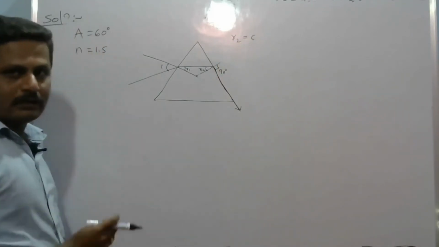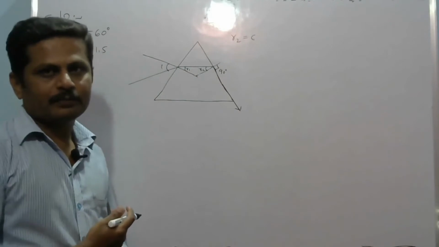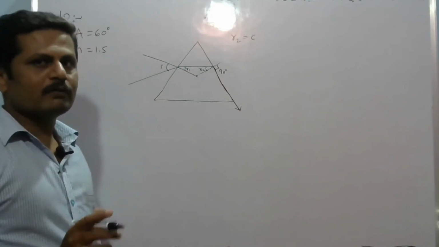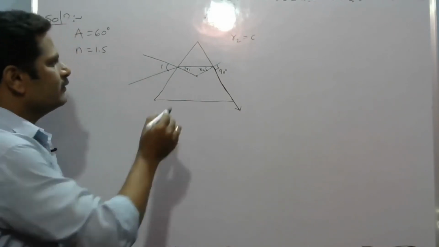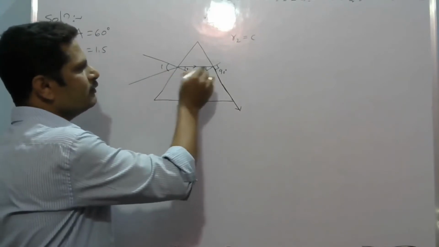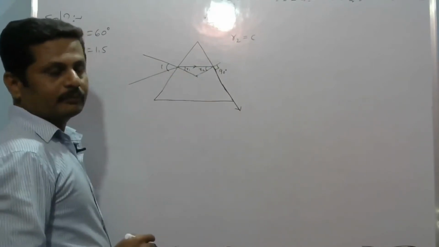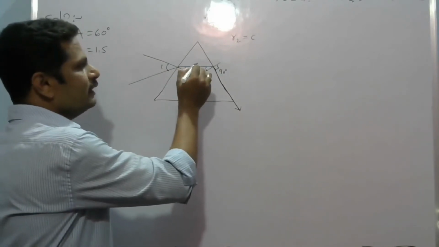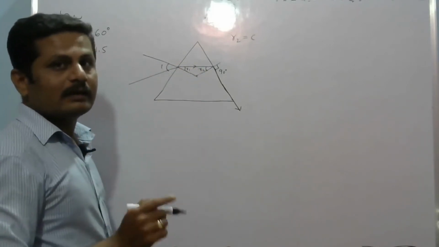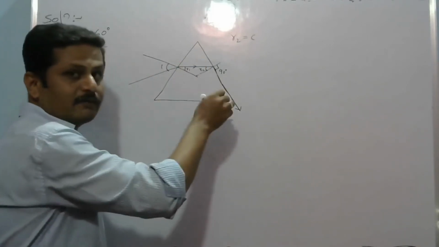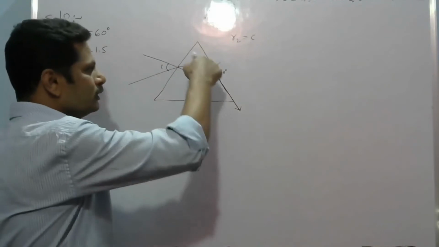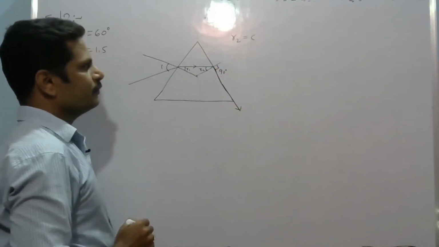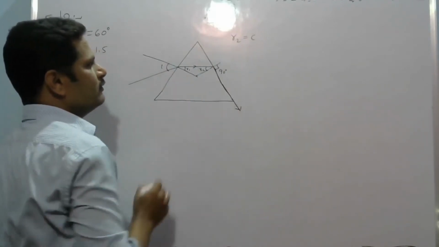The conditions for TIR are that the light ray must travel from a denser medium to a rarer medium, and the angle of incidence in the denser medium must be greater than the critical angle. But it just suffers TIR, so the light ray grazes over this surface. So R2 equals C.